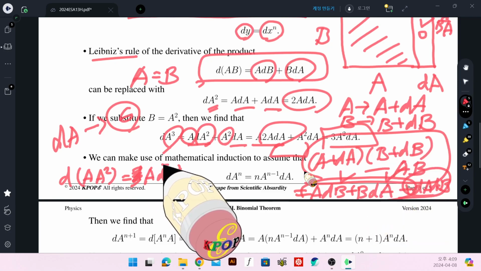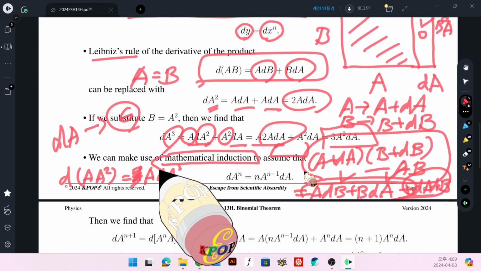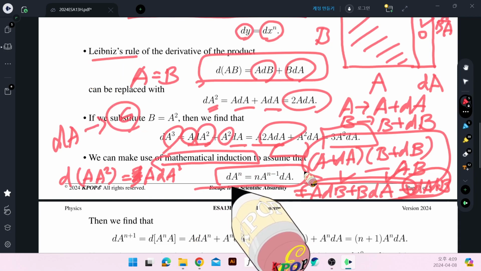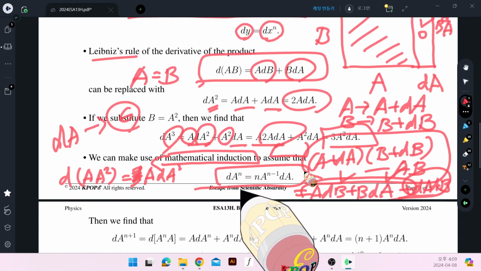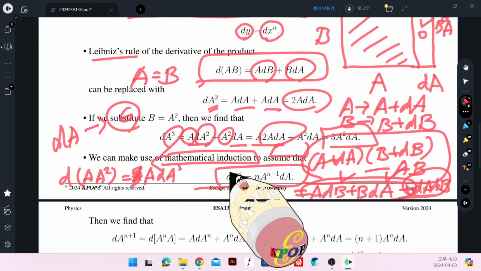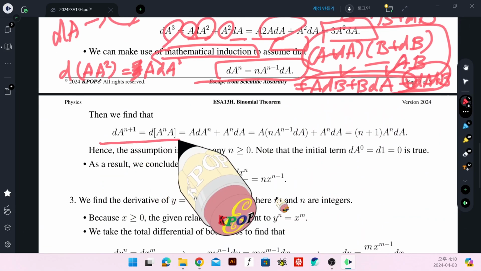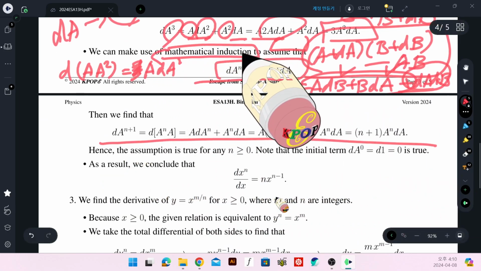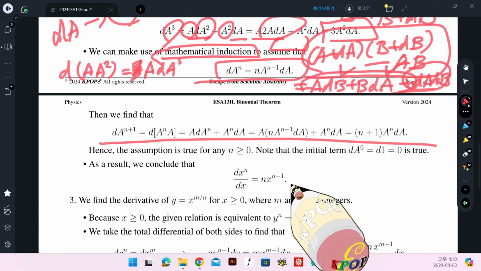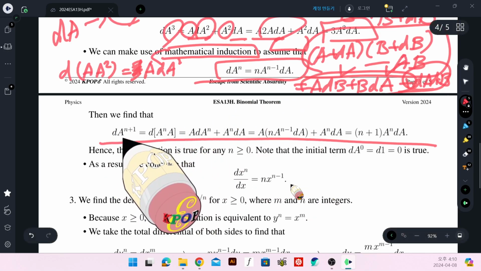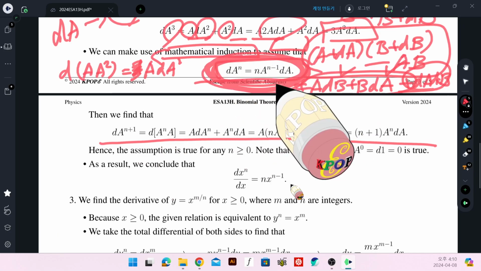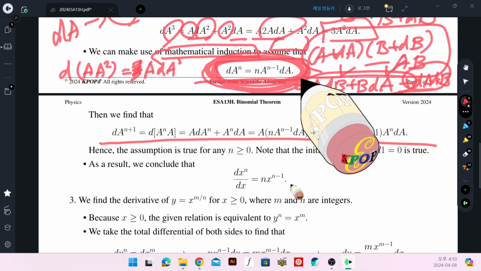We can make use of mathematical induction. Then we can finally prove this trivial result, that the total differential of A to the n is n times A to the n minus 1 dA. And this is a way to prove this formula using mathematical induction. At the end of the day, we can repeat this calculation by assuming this result for a single n, for an arbitrary case.